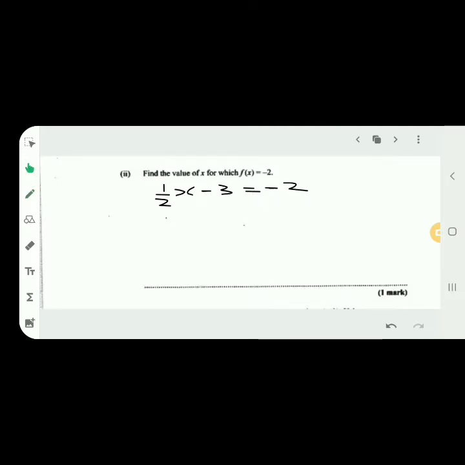Solve the equation. So we start by transposing the constant. We're going to get a half x is equal to negative 2 plus 3. A half x is equal to 1.